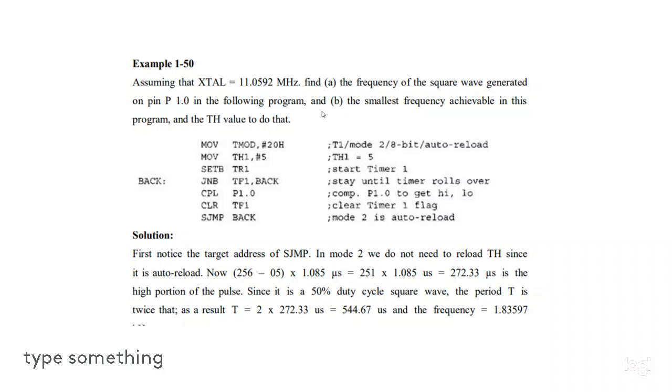So as we all know, we need to set the TMOD register before going for any timer. So we are going to send the TMOD value 20H. TMOD is an 8-bit register.